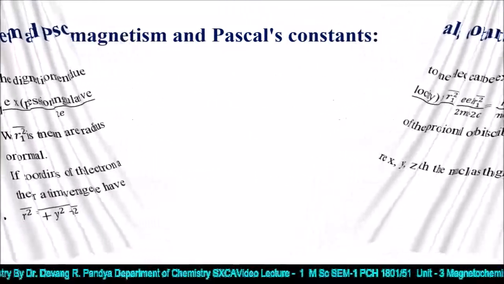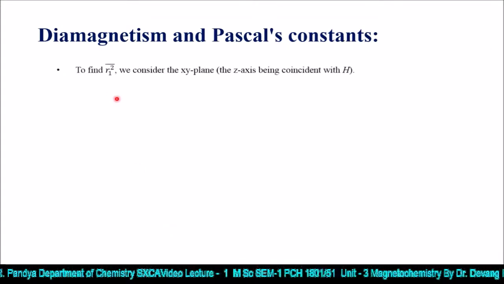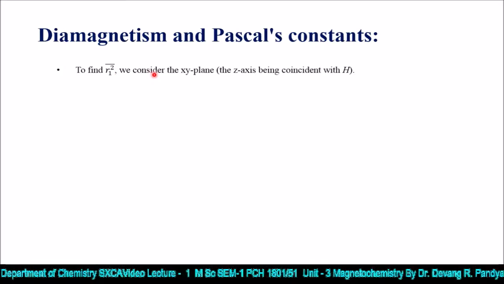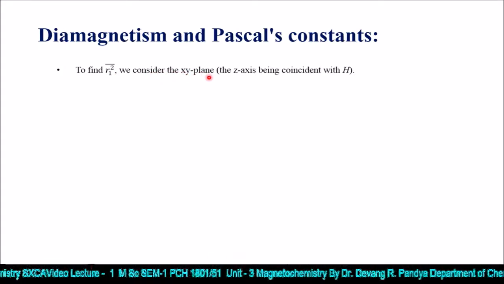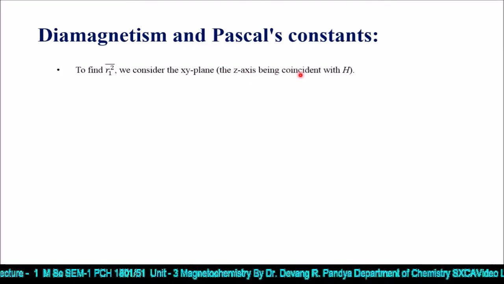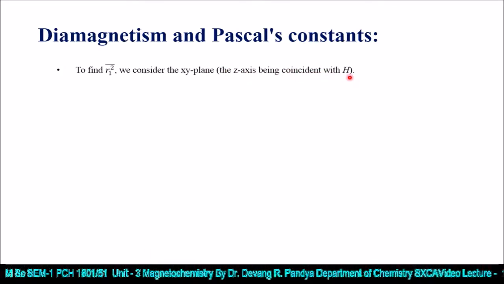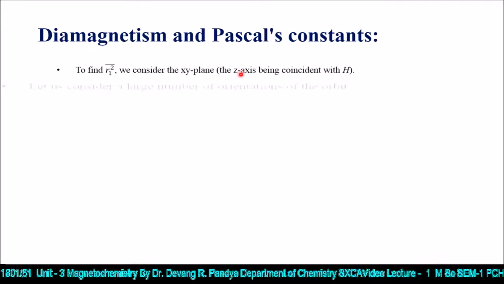So that indicates three-dimensional movement of the electron in space. To find R1 square, we consider the xy plane, only one direction, the z-axis being coincident with the applied magnetic field H, so it is neglected.